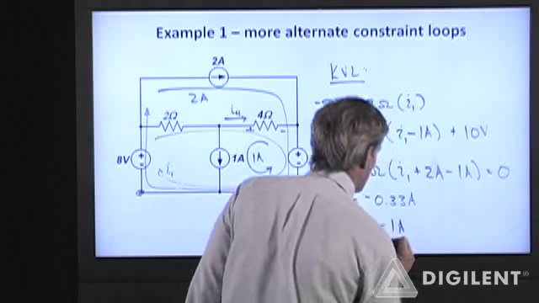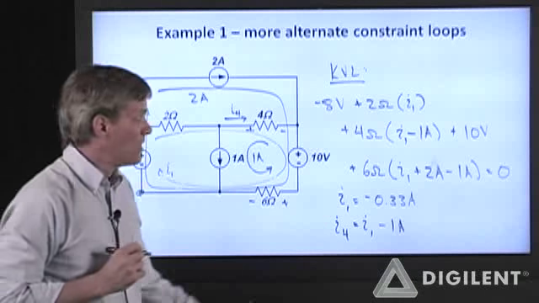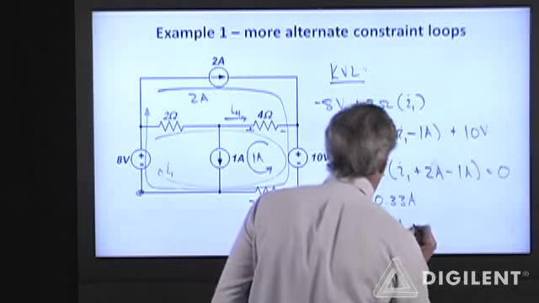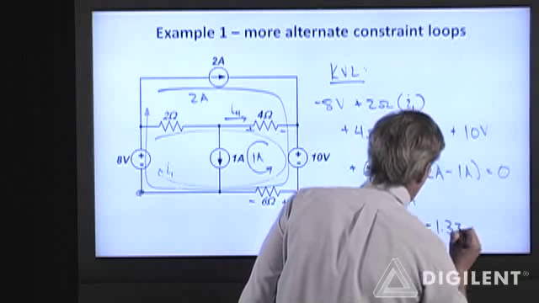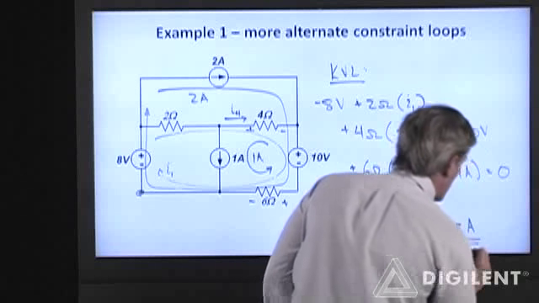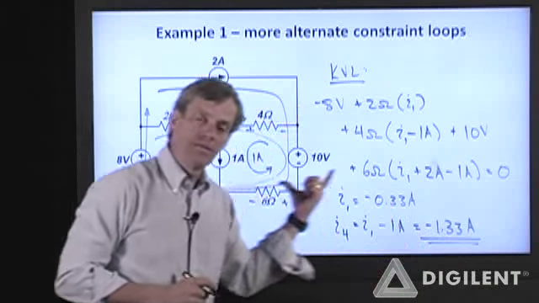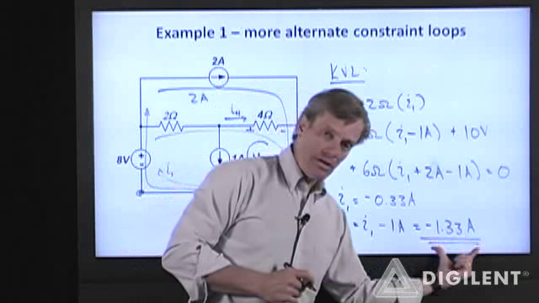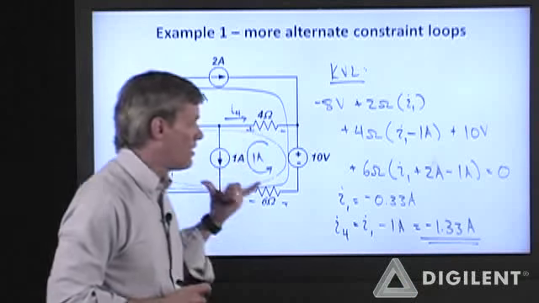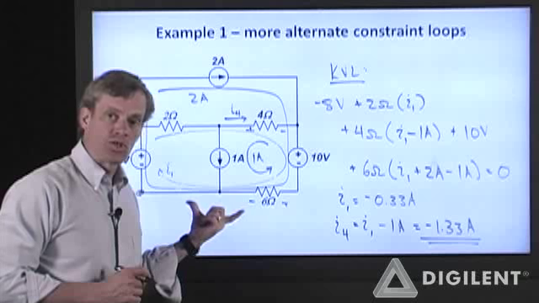So it's I1 minus 1 amp. Minus 0.33 minus 1, I4 is minus 1.33 amps. So for any physical current in the circuit, I will get the same solution regardless of my choice of constrained loops.